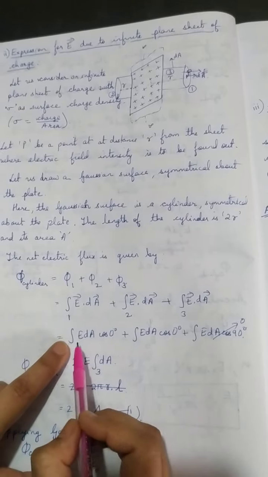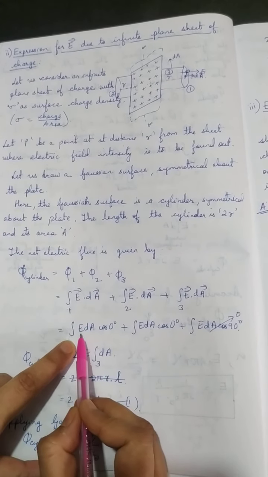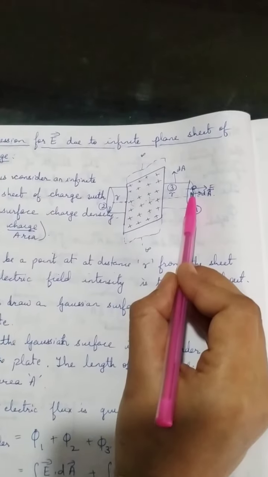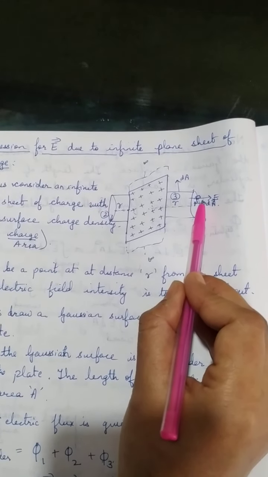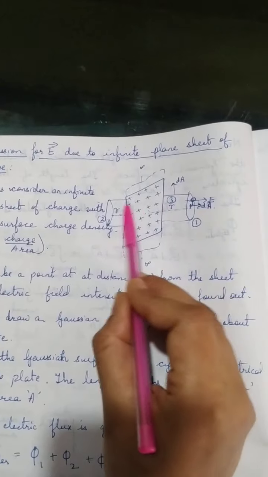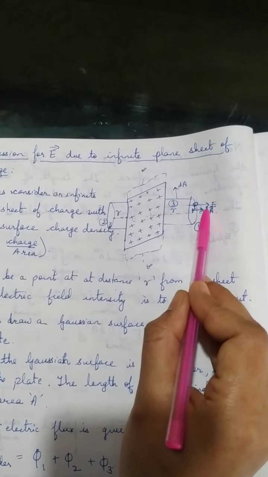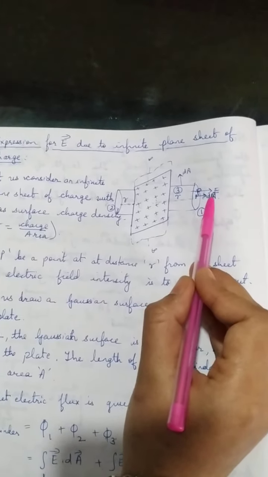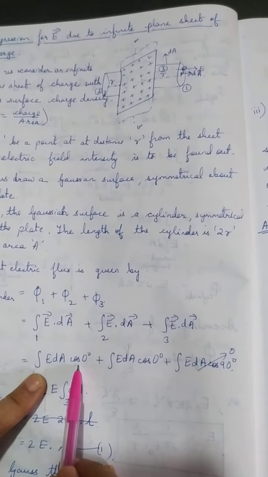Now look at the angles carefully here. E dot dA will be E dA cos theta, and if you look at the diagram, the area vector is directed towards the right and the electric field is also directed towards the right. So the angle between them is 0. So it is E dA cos 0.